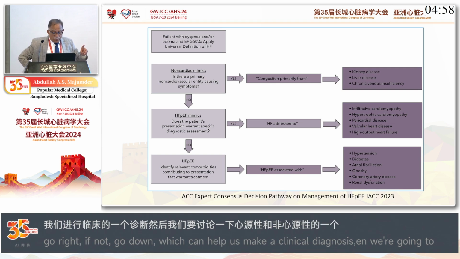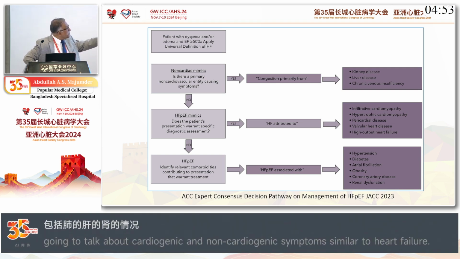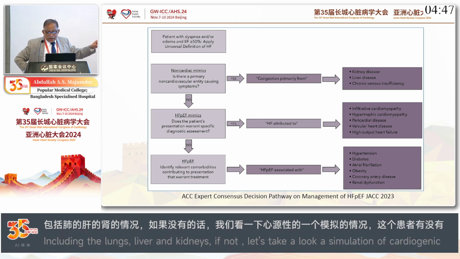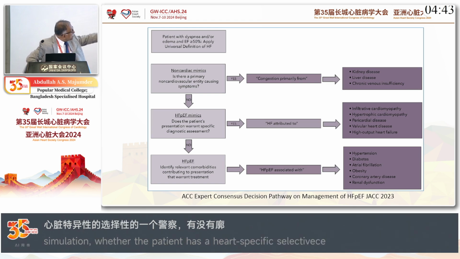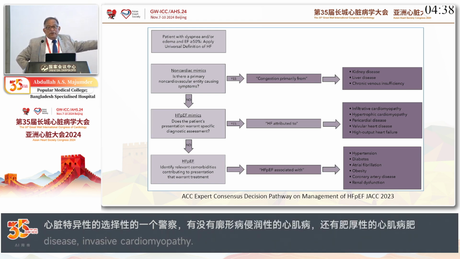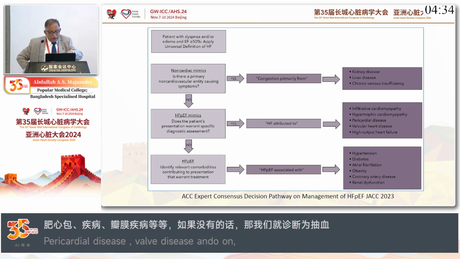If no, then go to the cardiac mimics. Does the patient present with infiltrative cardiomyopathy, hypertrophic cardiomyopathy, pericardial disease, valvular heart disease, or high output heart failure? If these are also no, then it is heart failure with preserved ejection fraction. You come to the diagnosis by exclusion.